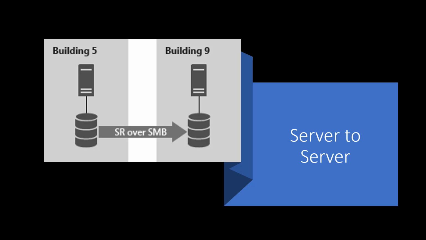I can set up a separate SR partnership for this other drive to replicate to building 22 if I wanted to. So you can get a little crazy, if you want to call that crazy. So you can do this on a per volume basis. It's not the entire server, it's per volume.